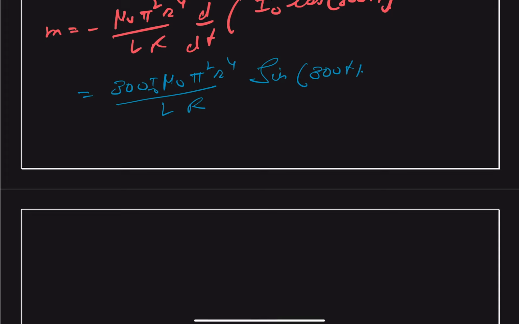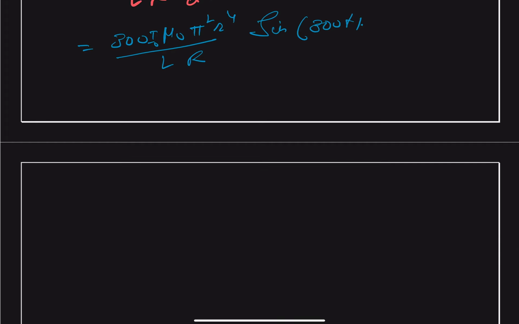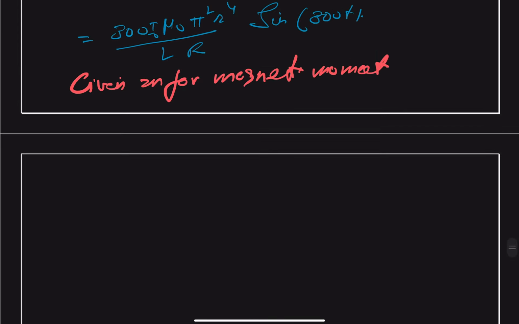Now we are also given the equation for magnetic moment, and that equation is given as n mu naught I naught sine of 300t.